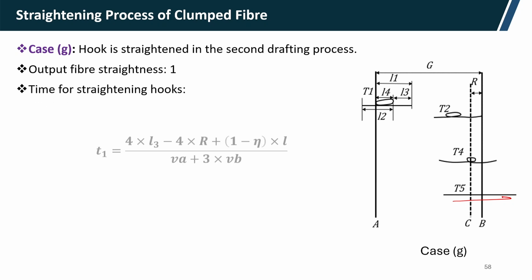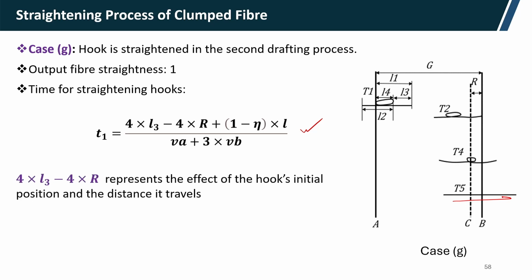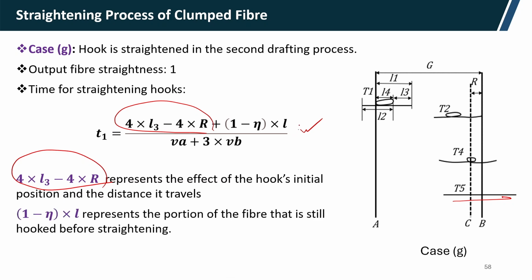For the time for straightening the hook, T1 is given by this relationship: (4L3 minus 4R plus (1 minus eta) L) divided by (VA plus 3VB). The part 4L3 minus 4R represents the effect of the hook's initial position and distance it travels, and the second part (1 minus eta) L represents the portion of the fiber that is still hooked before straightening.